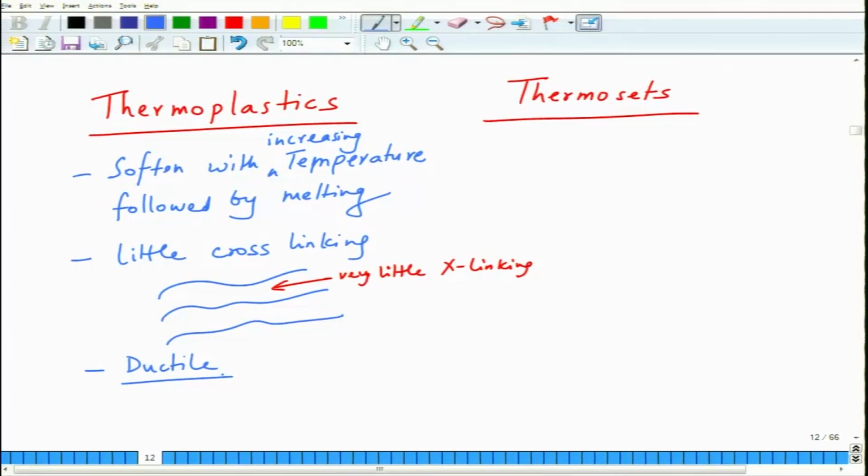Ductile means they have high ductility, they can withstand high strain. Typical examples include polyethylene, polypropylene, polycarbonate, and polystyrene.